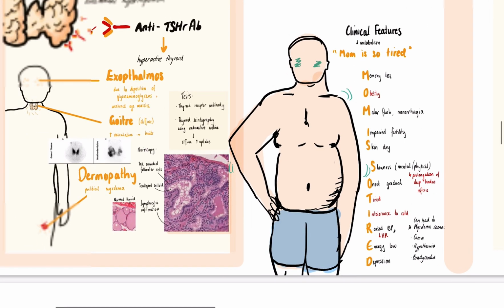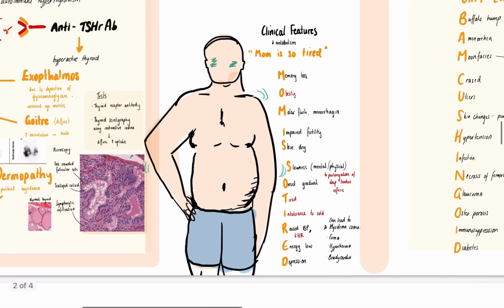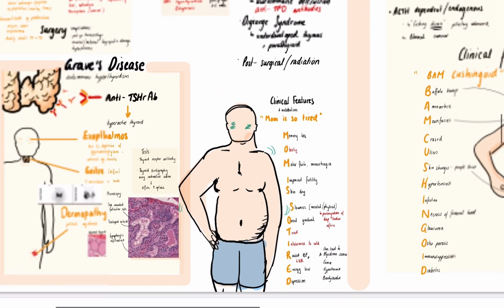And similar to a thyroid storm, which is an exacerbation of hyperthyroidism, the exacerbation of hypothyroidism is called myxedema coma, where you could fall into a coma, your intolerance to cold could lead to hypothermia, and you can get bradycardia, which is obviously all very bad things.